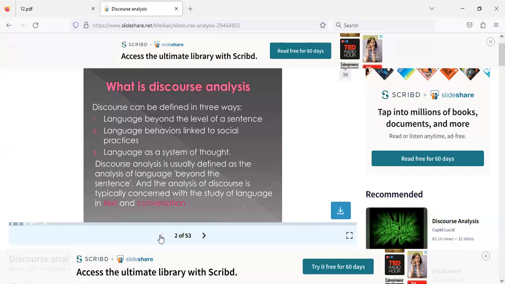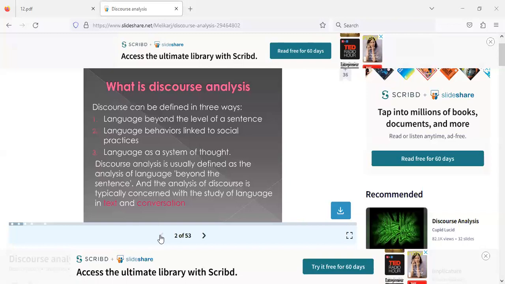And if it is a written form, then among the sentences. So in a text, you may get a kind of relationship or coherence.